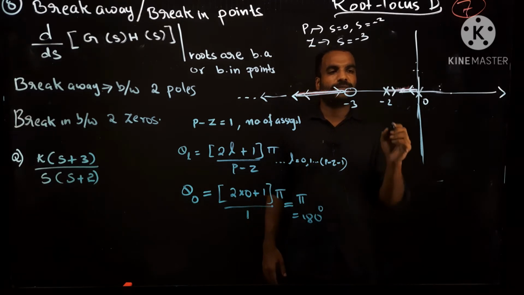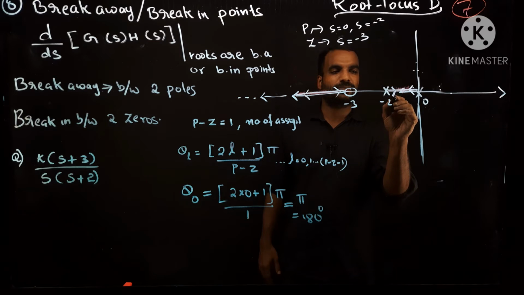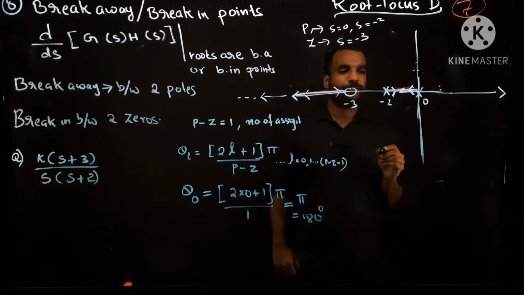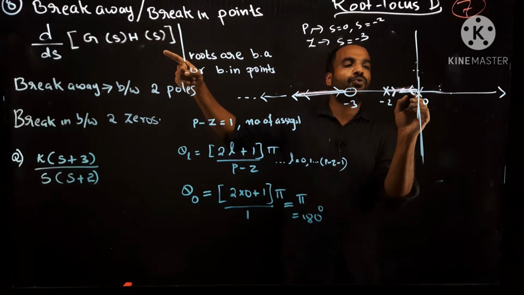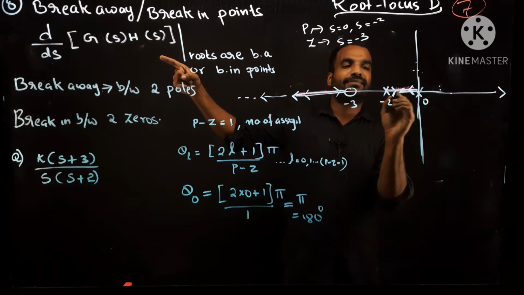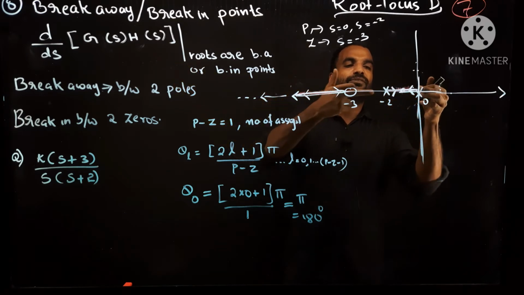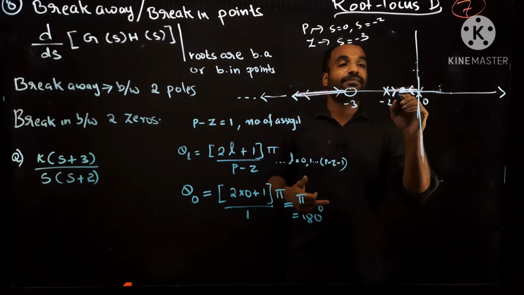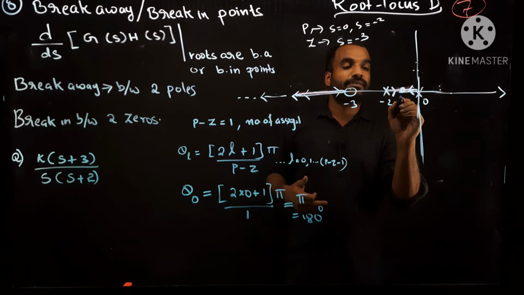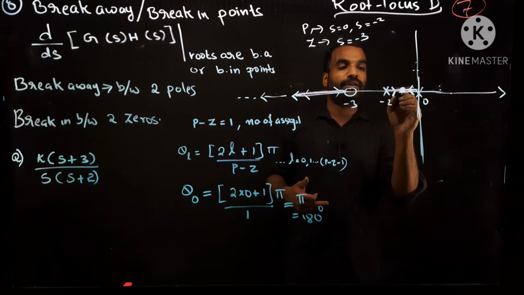And I already marked these arrow marks, please check. We know that a breakaway point is there because 2 poles are there and a root locus exists in between them. So these 2 poles will travel and meet at a center point. This point is the breakaway point.